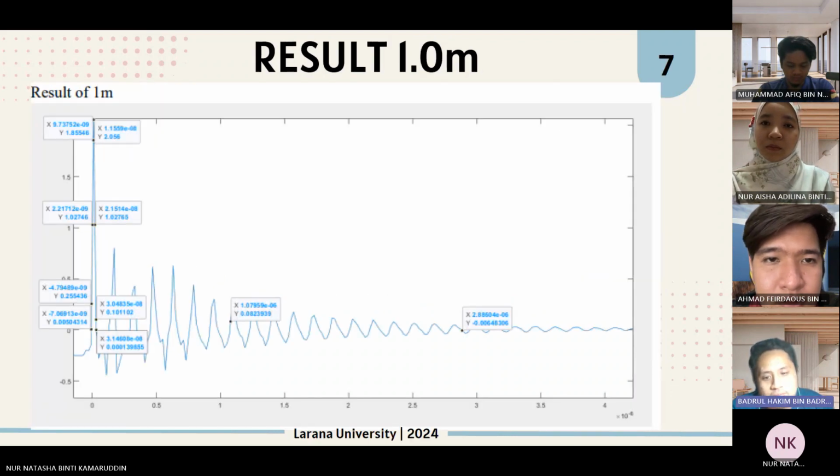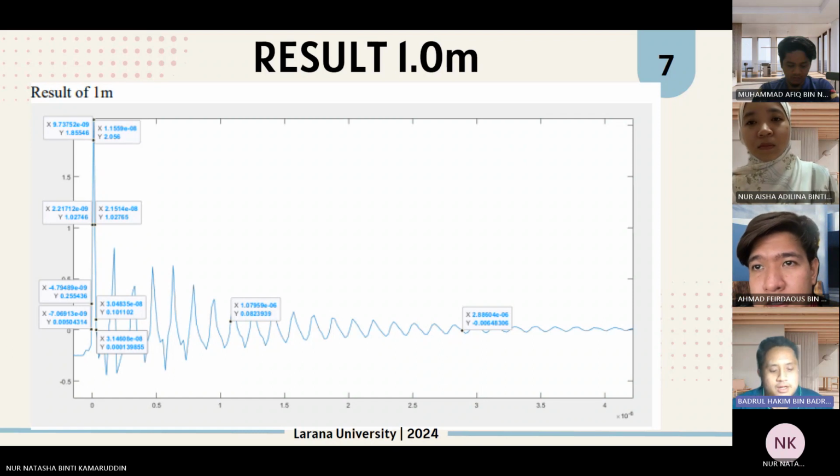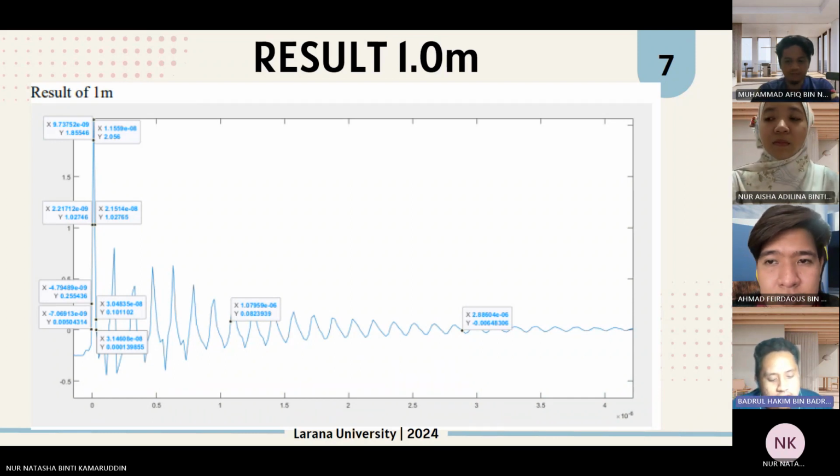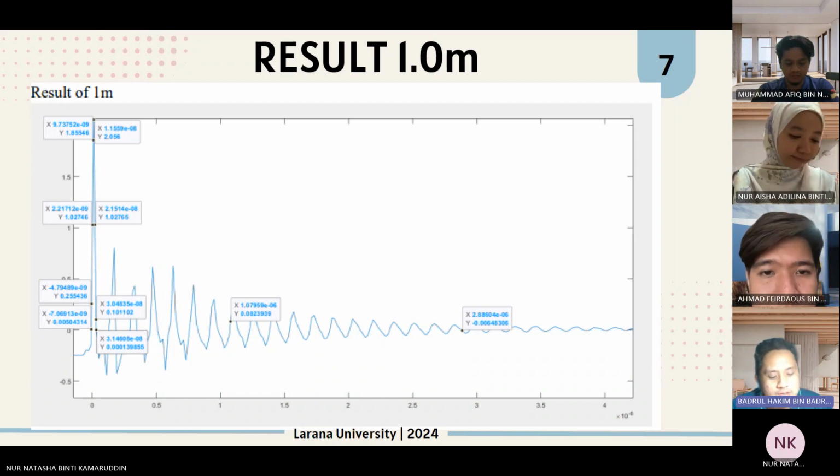So we can see the value from the result of 1 meter is slightly different from the 1.5 meter, because the distance is playing the major role in the result for the rising time, overall pulse, the highest amplitude, zero crossing time of the highest pulse, and half full width.